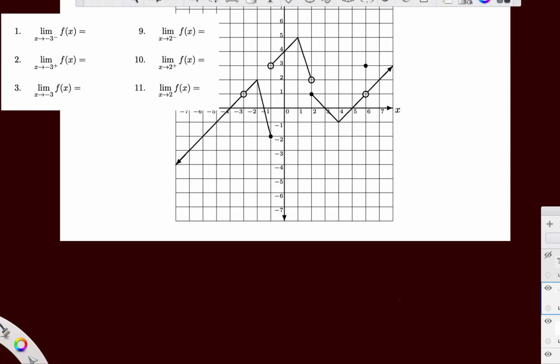A limit is a value as we approach an x value. It's an output. It's the y value. That's why it says f of x.